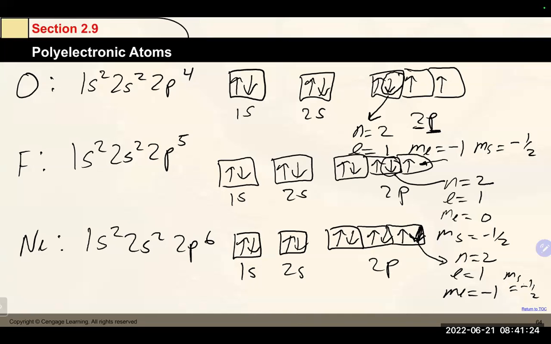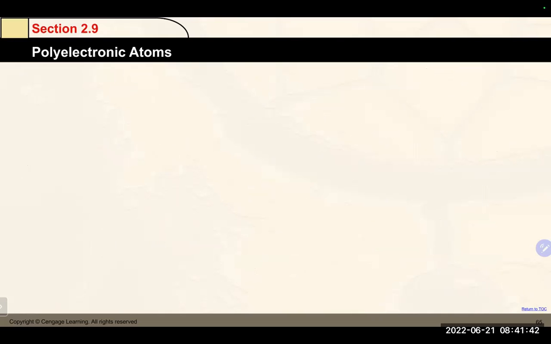Any questions on electron configuration, how to draw an orbital diagram, how to assign quantum numbers? All right, why don't you try a couple here? Why don't you write just the electron configuration for magnesium, which is 12.